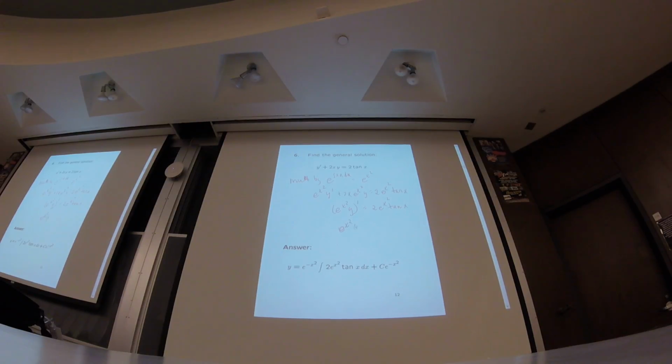So e to the x squared y is the integral of 2e to the x squared tangent x dx plus c. And that's it. Nobody can integrate e to the x squared tangent x. It doesn't have any antiderivative.